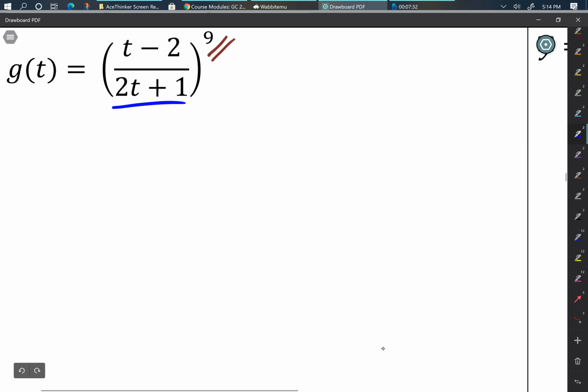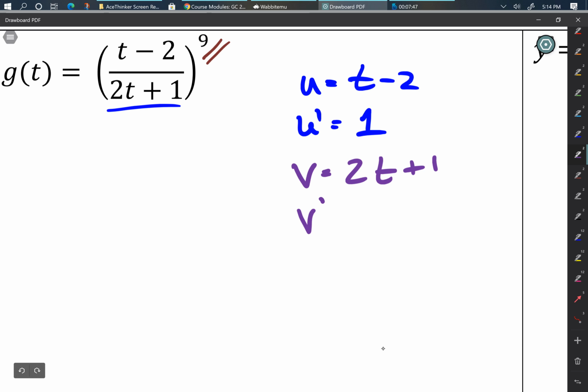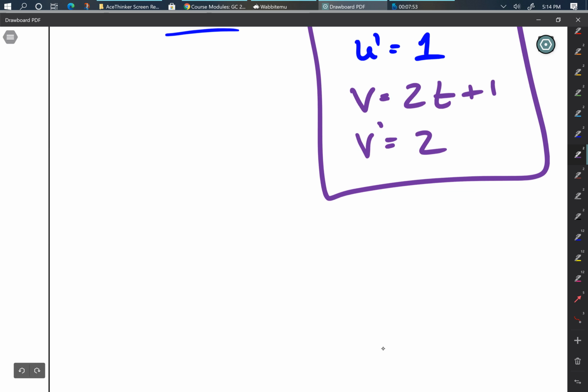So if I'm looking at this inside piece, I'm going to call u the numerator. That's going to be t minus 2. So then u prime would just be 1. V is going to be 2t plus 1. So then v prime is just 2. And now that I've got all this, I can use that to put together the quotient rule.